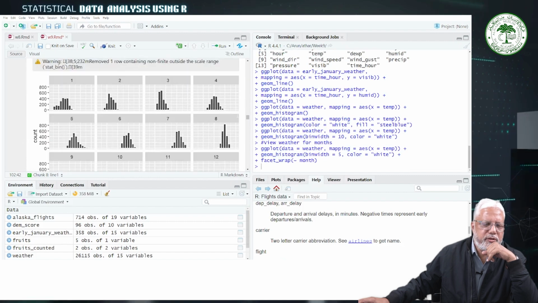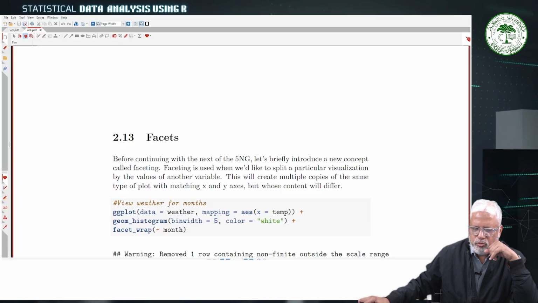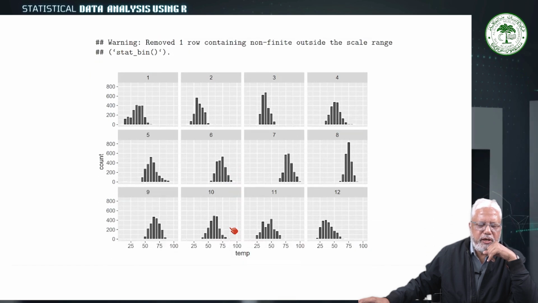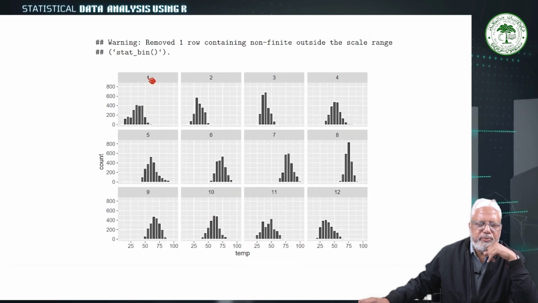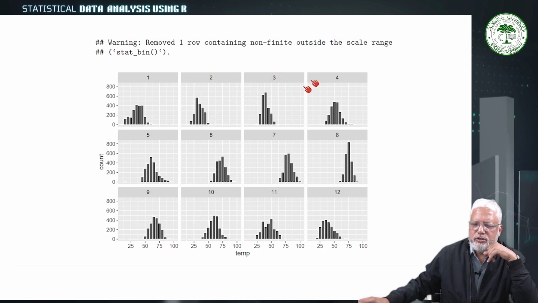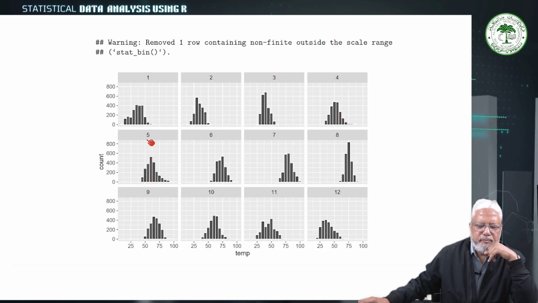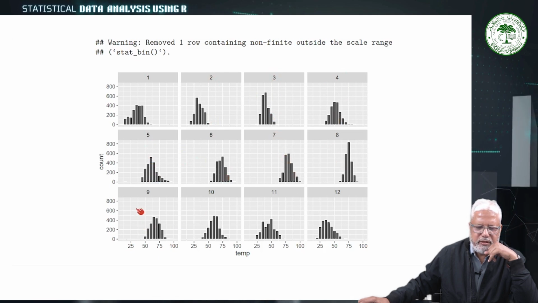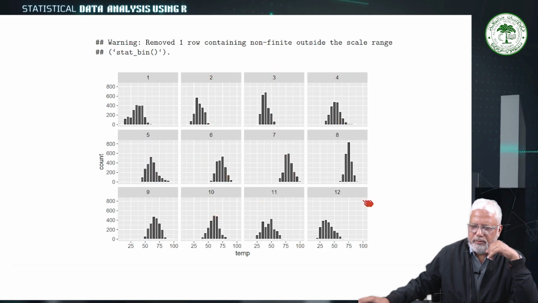see, these are the plots. Better we should look here, these are the 12 plots. This is the temperature of January, this is February, this is March, April, May, June, July, August, September, October, November, December.